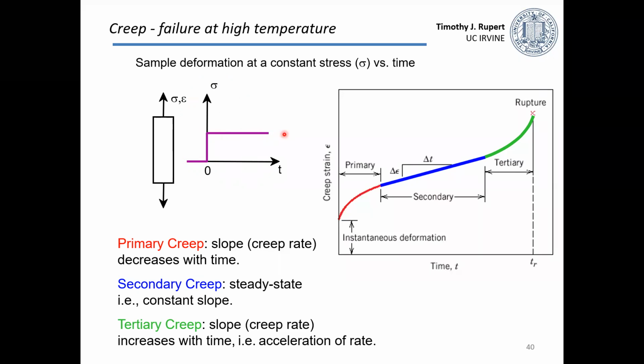Right? Now, at low temperatures, we would expect the sample to maybe elastically deform, maybe even plastically deform, but then stop. Okay. At high temperatures, that assumption that everything is static starts to fall apart. If we do this type of deformation at high temperatures, we'll get the instantaneous deformation.